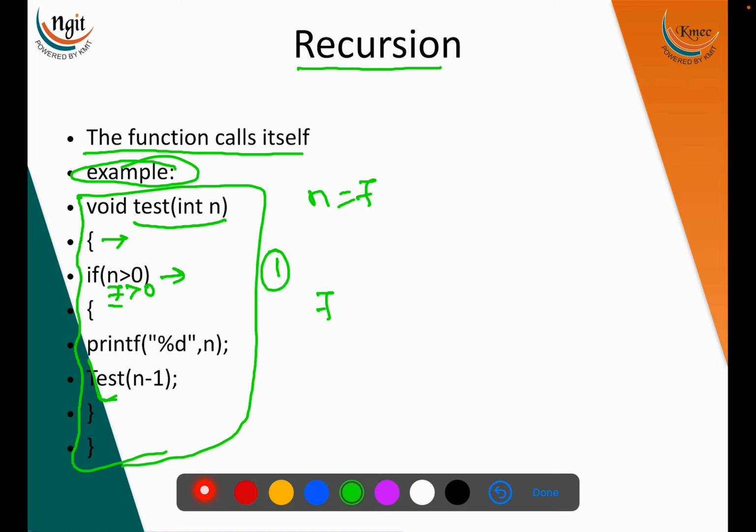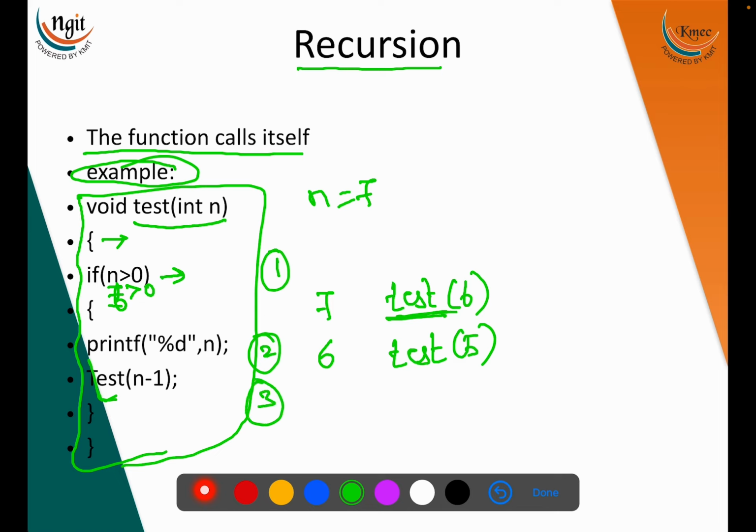Then the function calls test of n minus 1, this time test of 6. Now, for the second call, n value is 6, the condition is true, we come inside, 6 will be printed on the screen, and then test of 5.